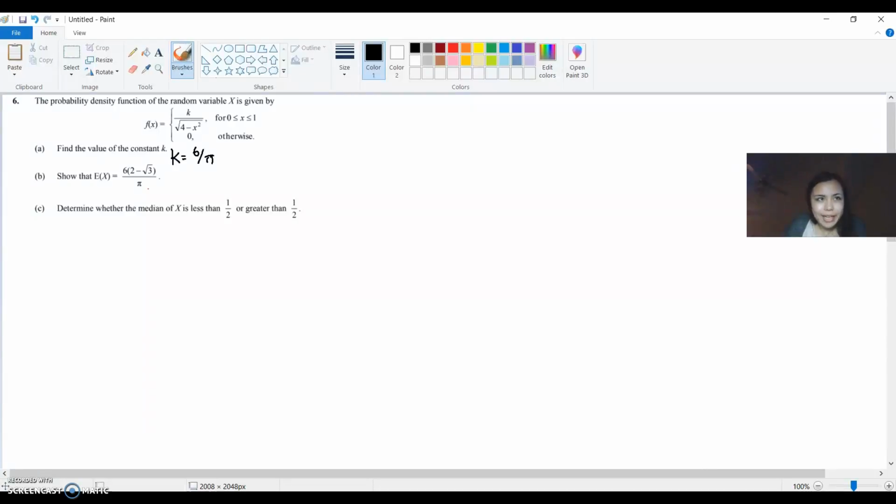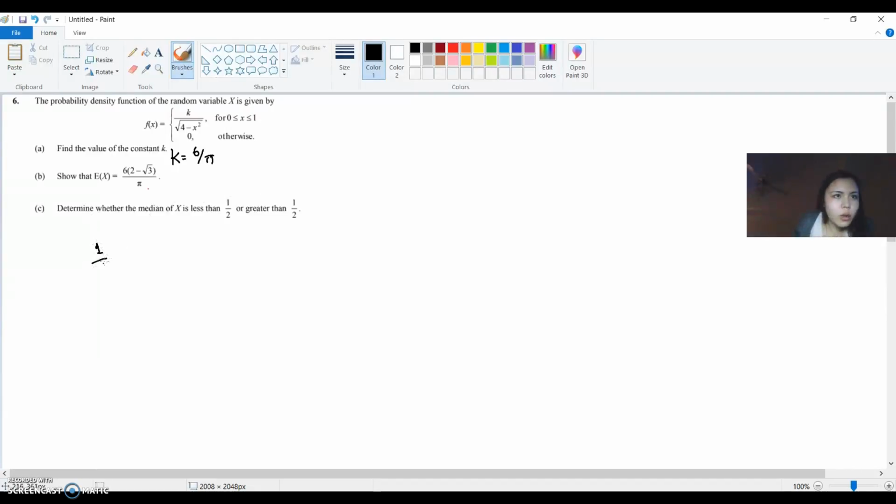Okay, so now we're in part C. Determine whether the median of x is less than half or greater than half. To find the median, we're just going to divide the area under the curve by 2. So we want to find x when the area from 0 to x is 1/2 instead of 1.